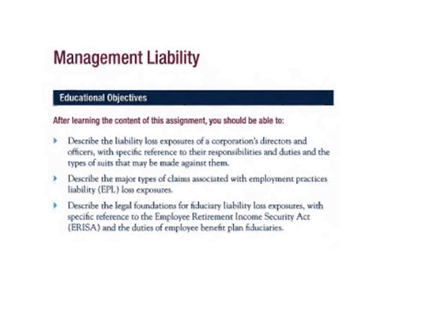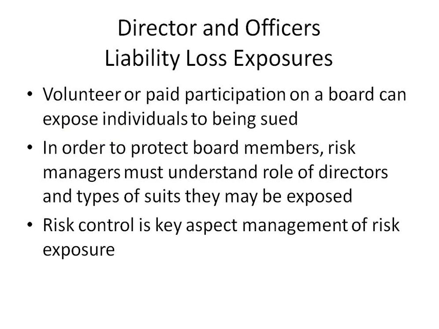And we'll talk a little bit more about ERISA, Employee Retirement Income Security Act. And obviously, since they mentioned ERISA more specifically, that would be the one that I would probably focus on a little bit more. When we talk about directors and officers liability, as you've probably heard throughout the book, it talks about D&O.